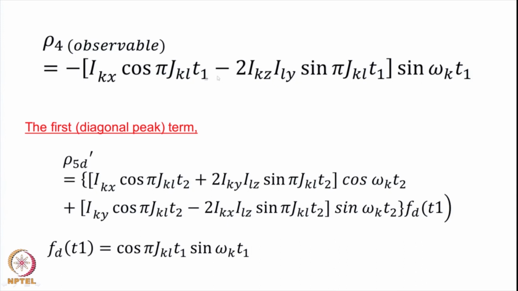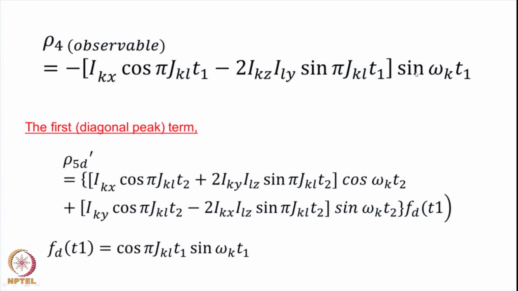This is the X magnetization of the K spin, and here is the Y magnetization of the L spin, which is antiphase with respect to K, whereas here it is the in-phase magnetization of the K spin, and this is the antiphase magnetization of the L spin, and this is responsible for the cross peak.